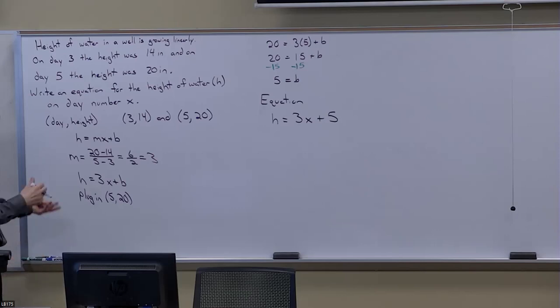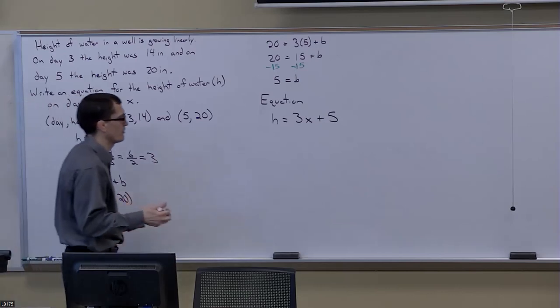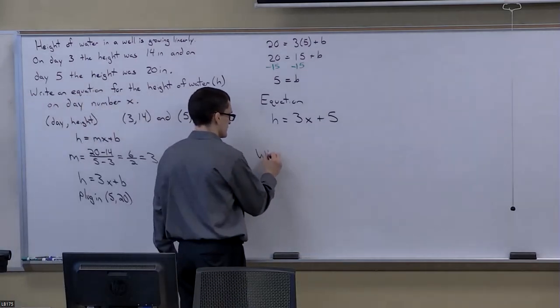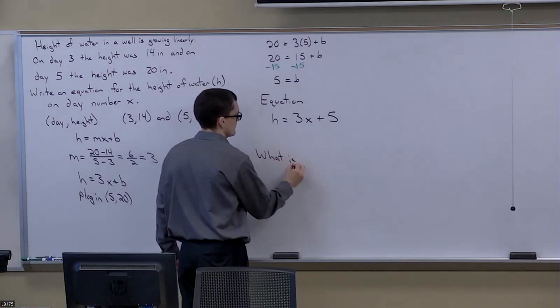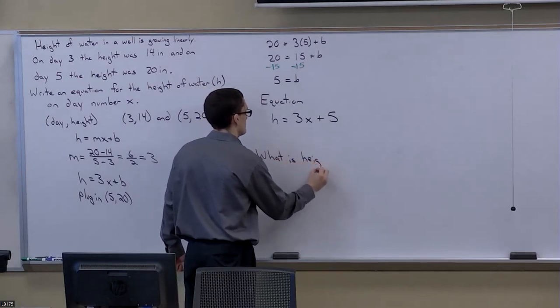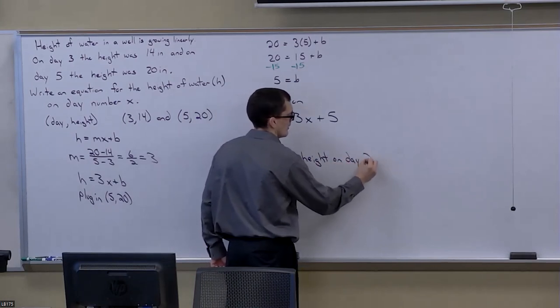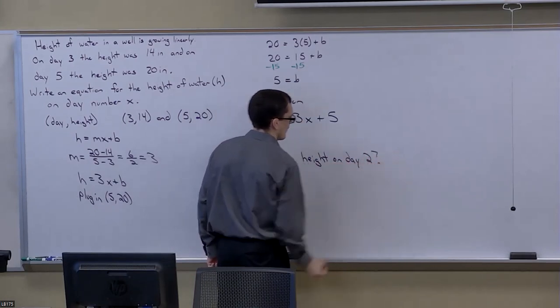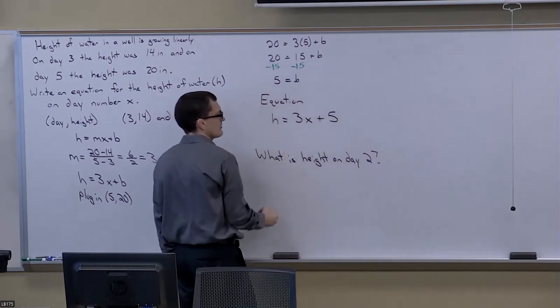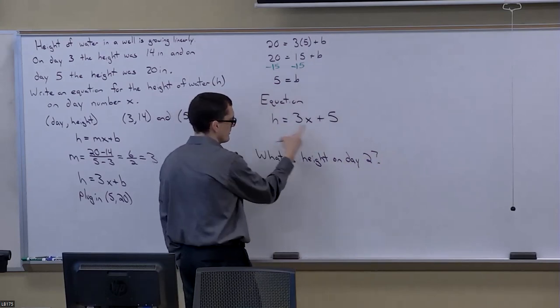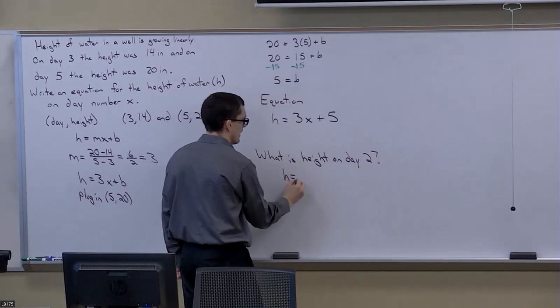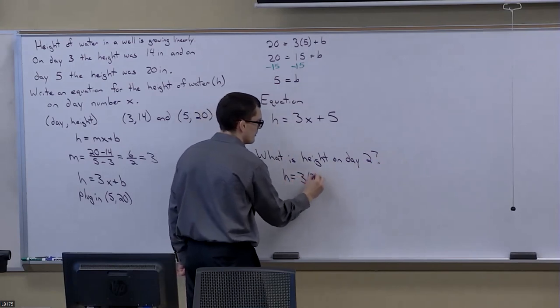And then if I wanted to answer a question like, well, what's the height on day 2? After I found that equation, I can simply say, well, X stands for the number of days. H is the height, so plug in 2.